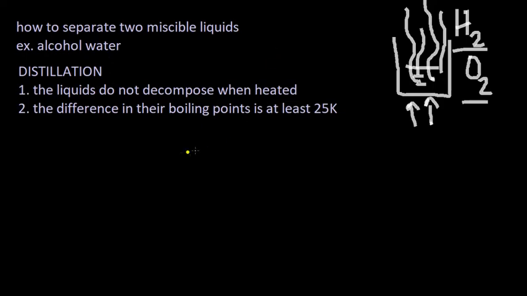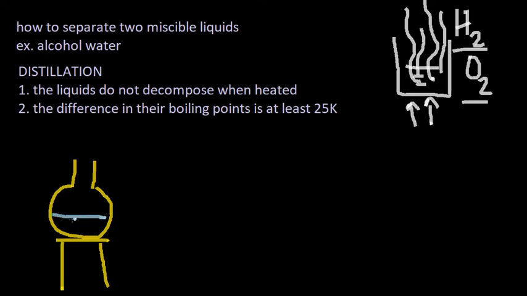In order to carry out this process, we take a round bottomed flask and we place it on some kind of a stand, and we put the liquid, in fact the mixture of the two liquids, like what we have taken here is alcohol and water, inside this round bottom flask.